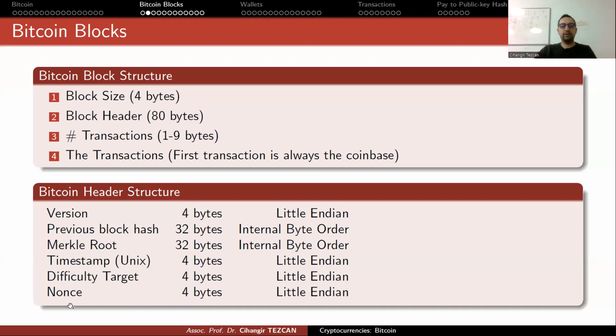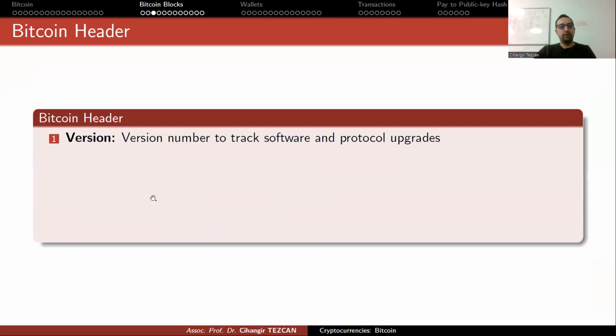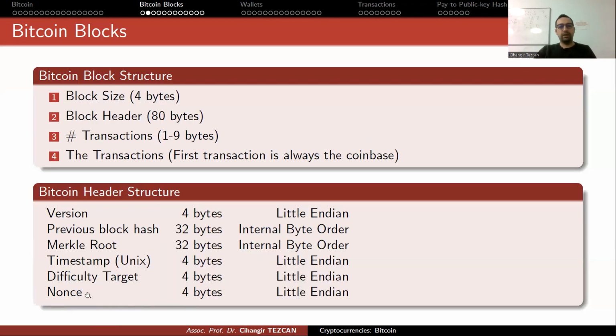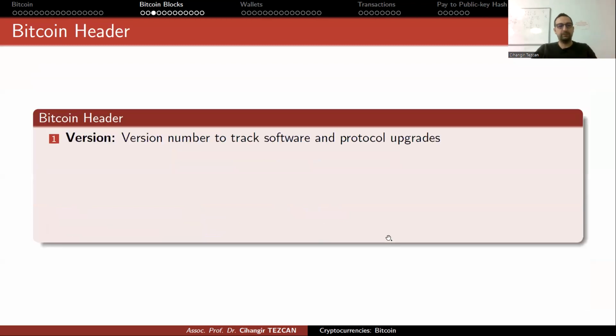But of course, nowadays, it is not enough, because if you try every nonce, most probably you wouldn't solve it. So you have to change something else, which we will talk about in mining. But you can modify the data in your coinbase transaction so that you can continue mining with different data.